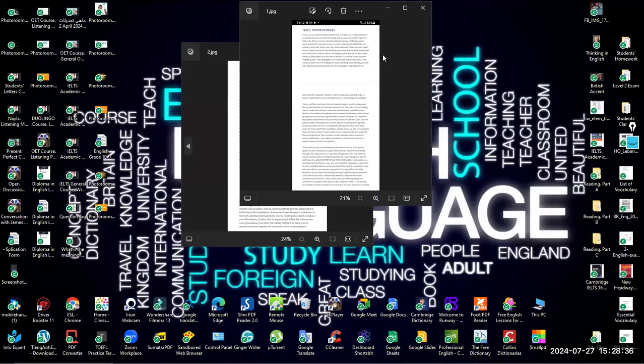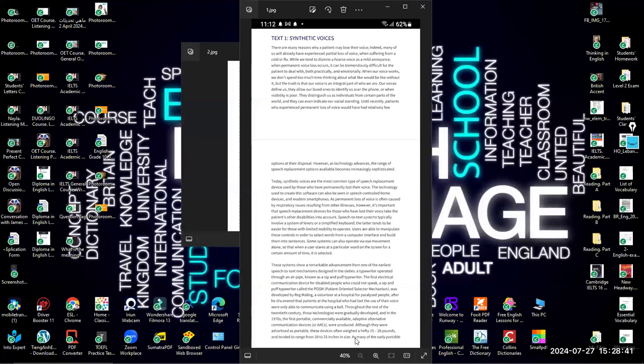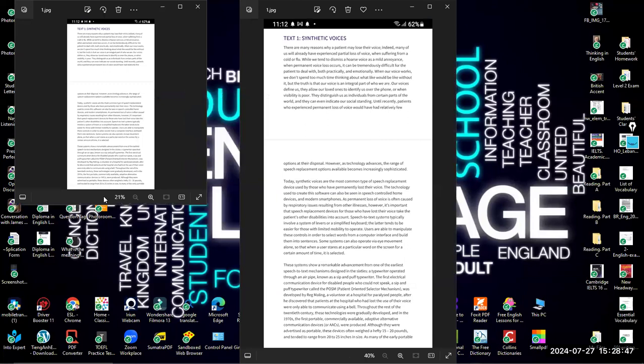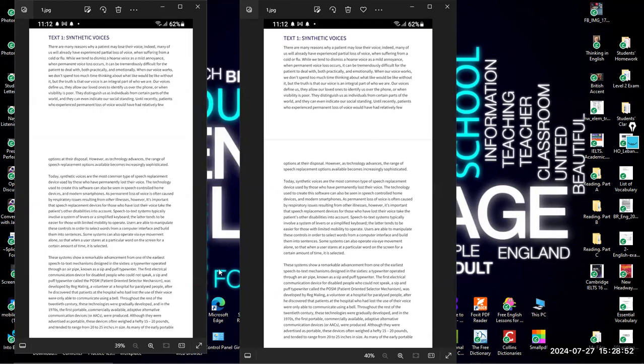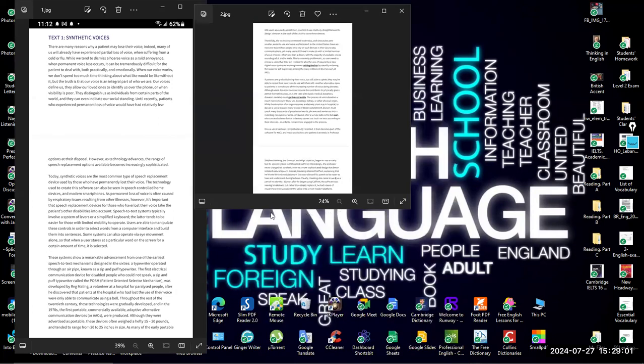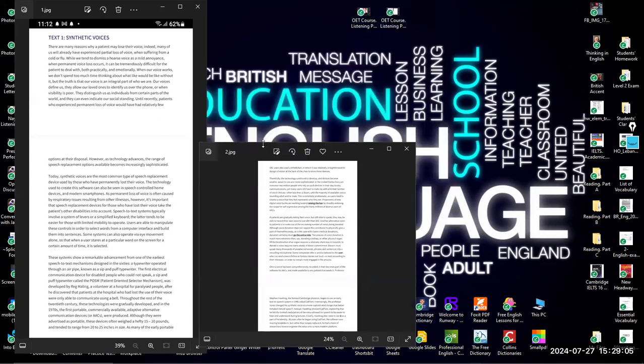I have to adjust my screen just to be able to see them clearly. This is the second picture. Both of them are about text number 1. Okay, exactly. Wait. Yes, that's better.